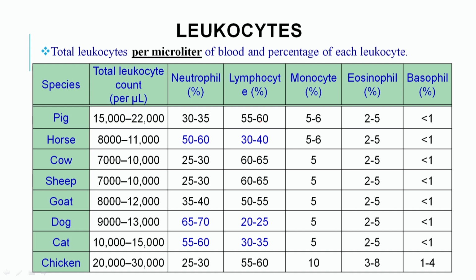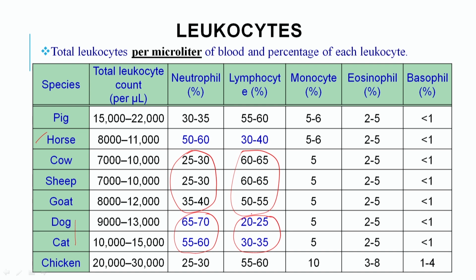50 to 60% in the pig, and all the ruminants have more lymphocytes as compared to neutrophils. Whereas in the dog, cat and horse, you will see more neutrophils than lymphocytes.